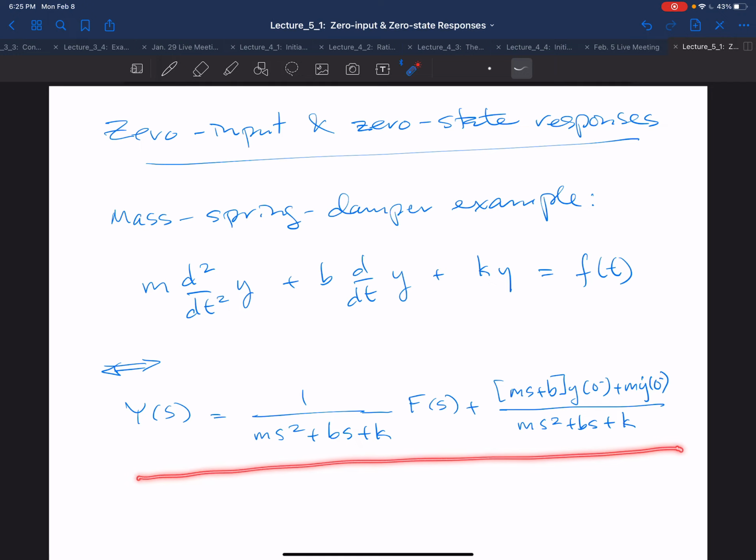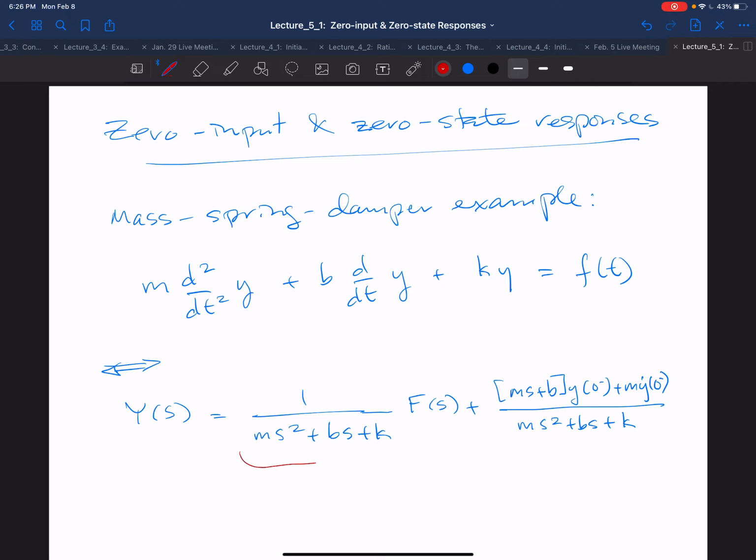And here, the term that depends on the forcing function has been separated from the term that depends on the initial conditions on y. This is an important distinction that will enter into our approach to studying signals and systems.